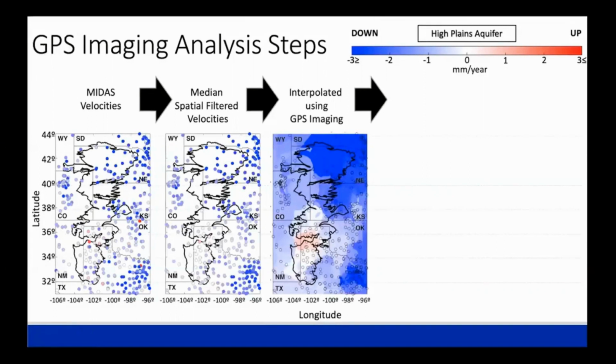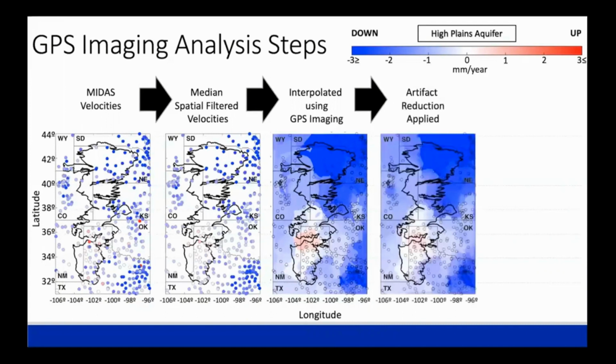Signals similar between stations are enhanced by GPS imaging and may be ascribed to the spatially coherent movement of the solid Earth. And unfortunately, there can be some artifacts which appear as weird fingers or shard-like features associated with the non-homogeneous GPS station distribution.